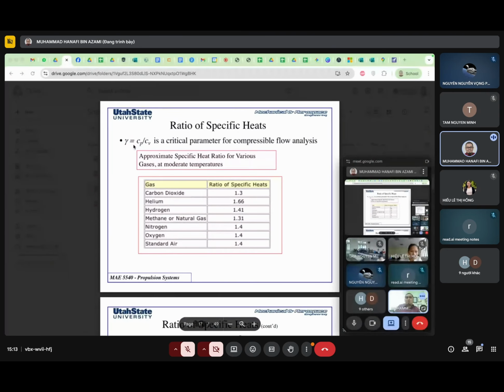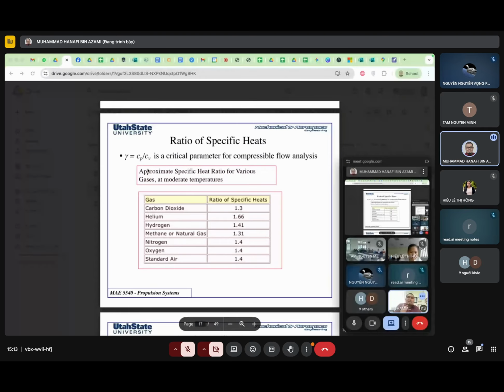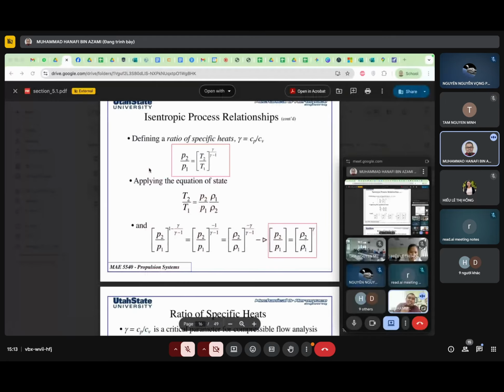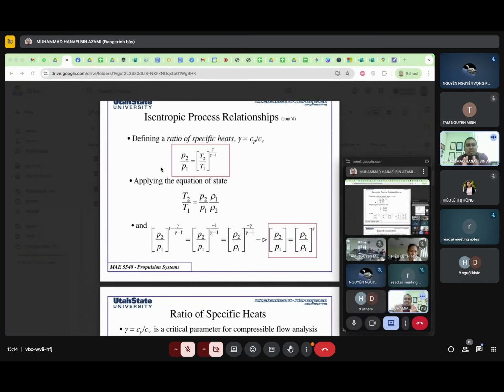It is the specific ratio. The gamma is needed in the isentropic relation. I'm not sure whether you feel grateful for this relation or not, because to have this relation, they have gone through many TdS relations, Gibbs equation, and so on.